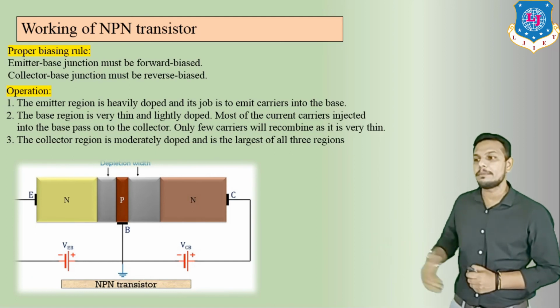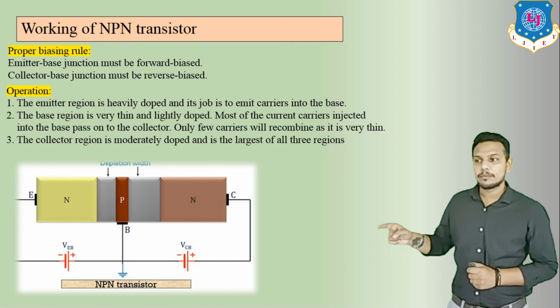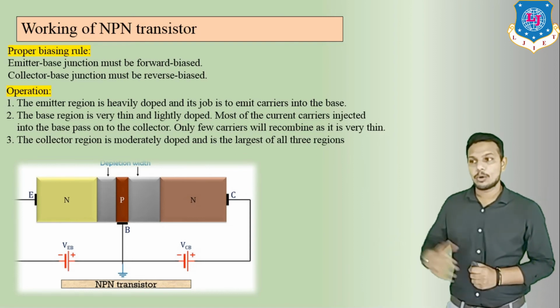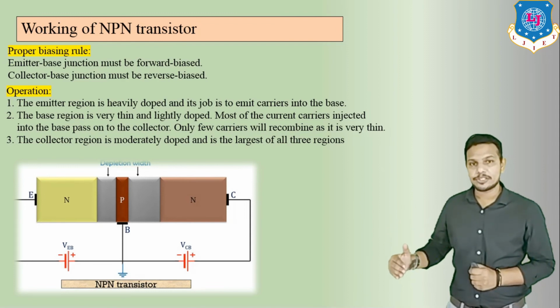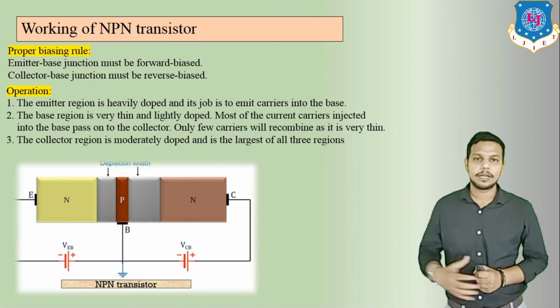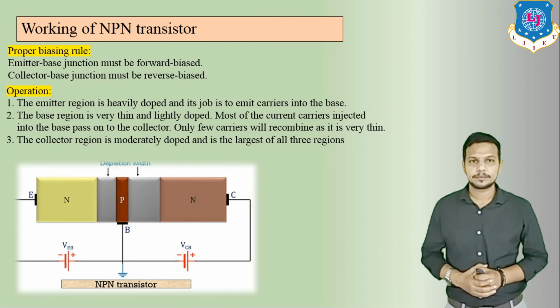For VCB, the positive terminal of the battery is connected to the N-type. Now that is N-type, and here P, positive is P. So both are dissimilar, that means it is connected in reverse bias.